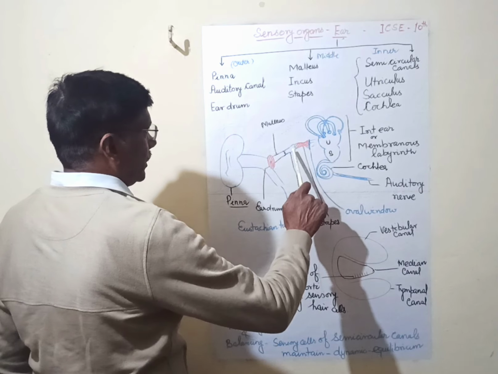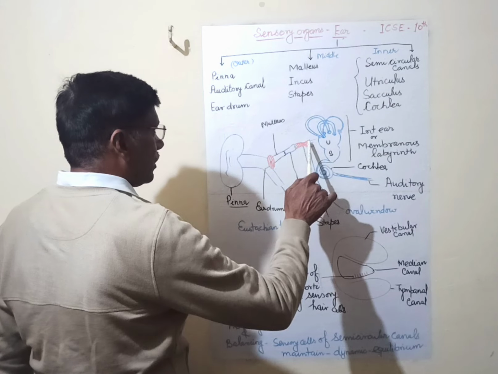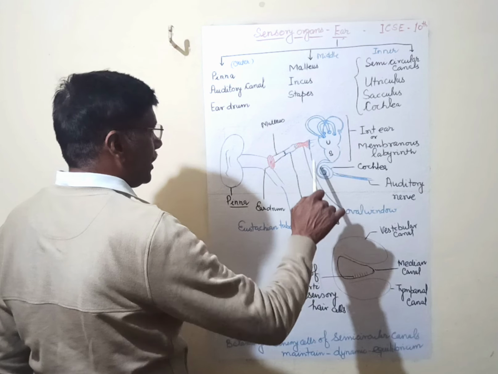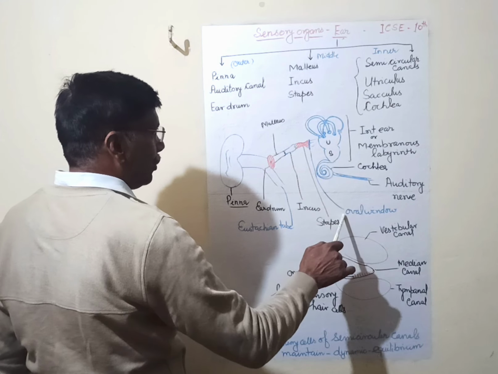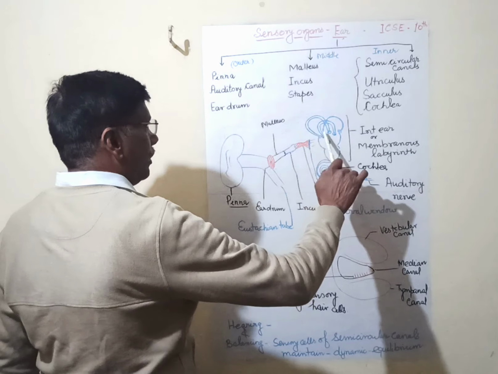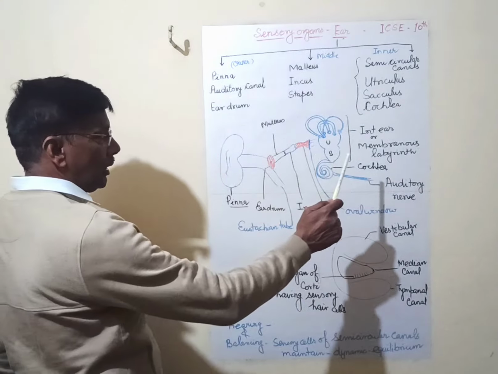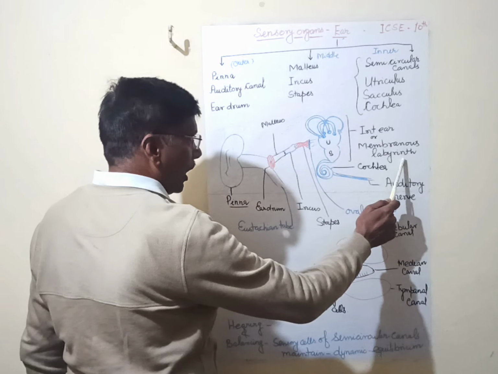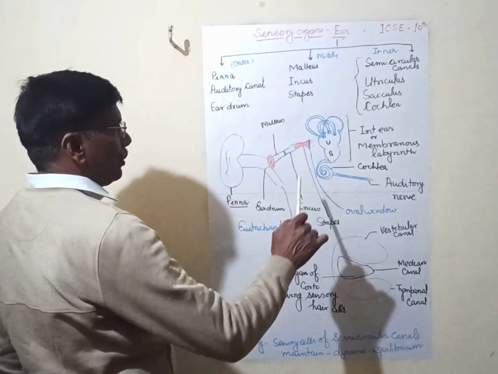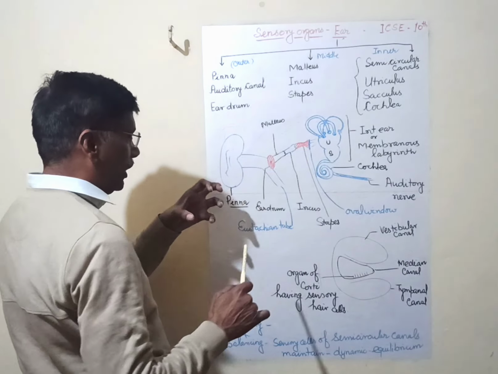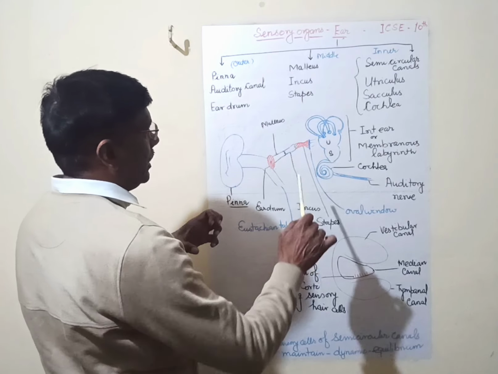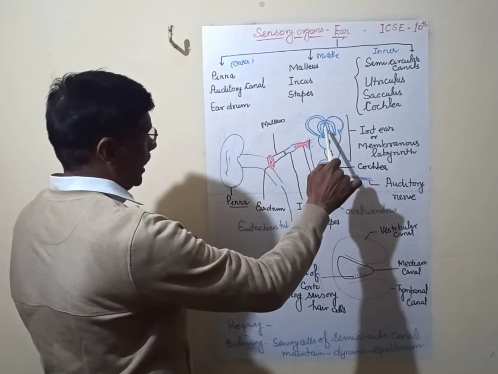Next, this last bone, the stapes, is attached to the oval window, and this oval window is attached to the internal ear. Another name of the internal ear is membranous labyrinth. This internal ear is made up of three semicircular canals. Semi means half circle.